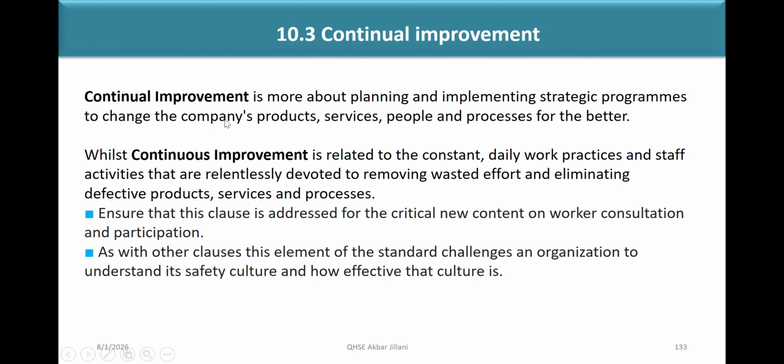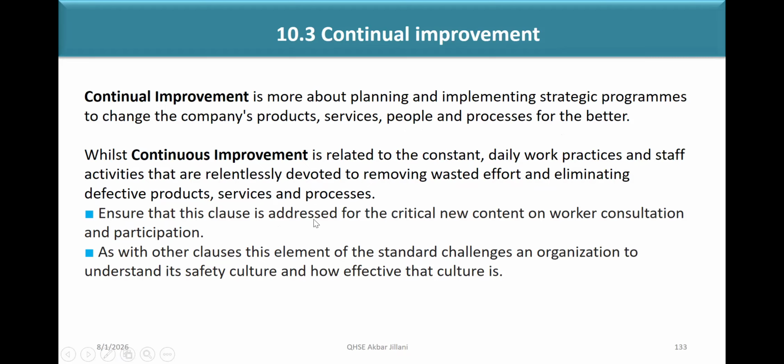Continual improvement is more about planning and implementing strategic programs to change the company's products, services, people, and processes for the better, while continuous improvement is led by constant, deliberate practice and staff activities that are relentlessly devoted to removing wasted effort and eliminating defective products, services, and processes.